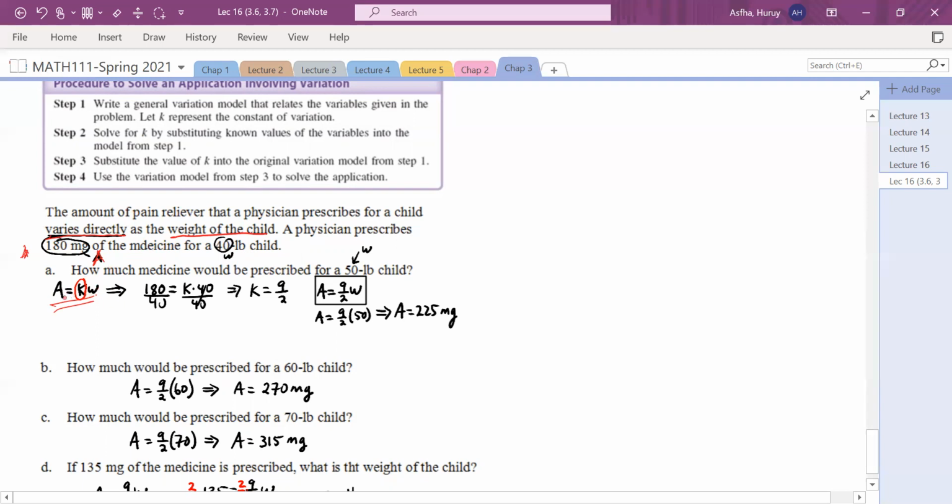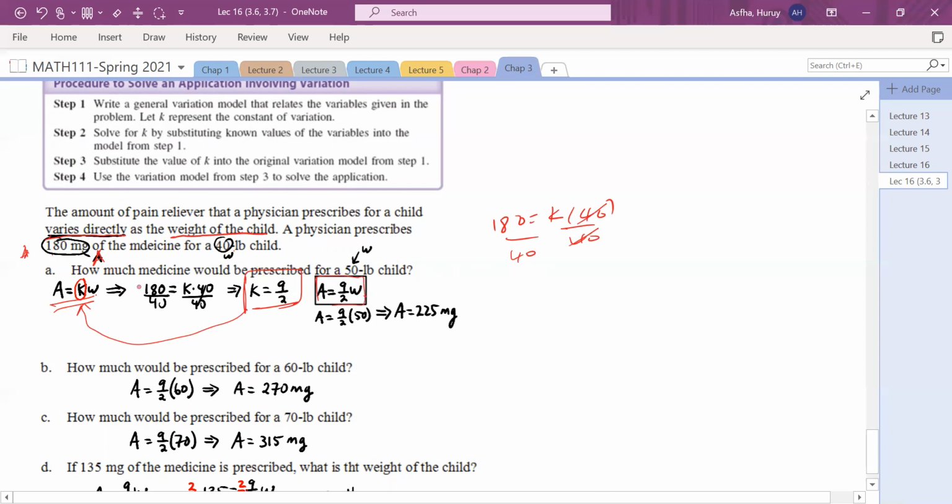So A is 180, W is 40, so we have 180 equals k times 40. Dividing both sides by 40, we get k equals 9/2. So that's k. Therefore, we replace this in here, and we get A equals 9/2 W. Now, to answer this question, we use this formula.